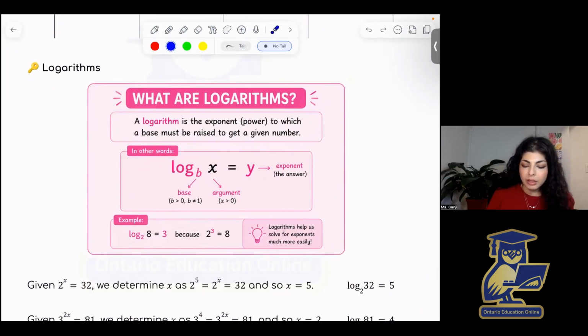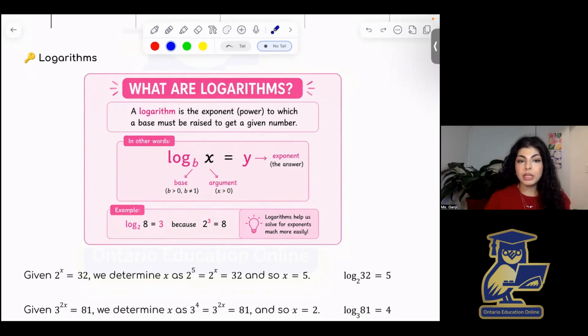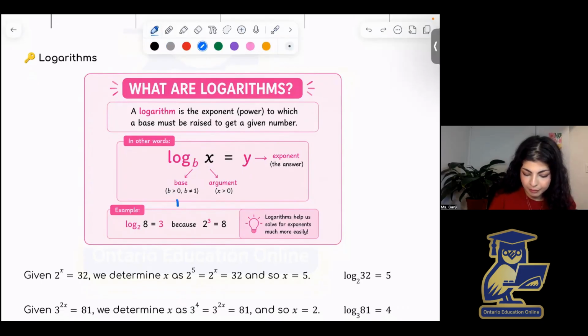So a logarithm tells us the exponent to which a base must be raised to get a given number. So when I said above we took the logarithm of both sides, we're actually doing this operation over here. So our base would have been 1.05. So maybe let me write it for you in blue, 1.05.